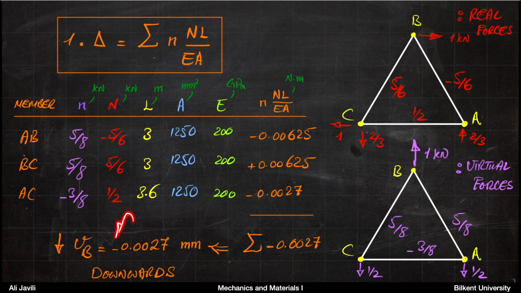This is now a minus sign, but because we assumed the force that we applied was upwards, minus sign in this example means downwards. In the previous example, if you remember, we had applied a force which was downwards, and plus meant downwards. So you should just pay attention to the sign here.